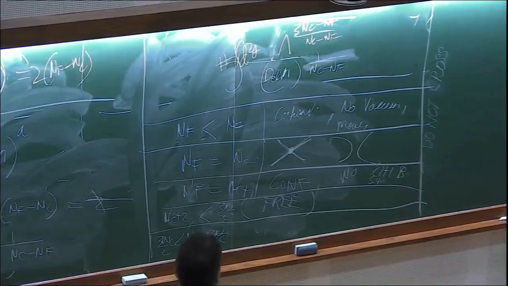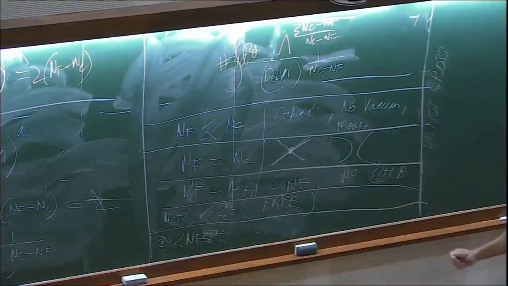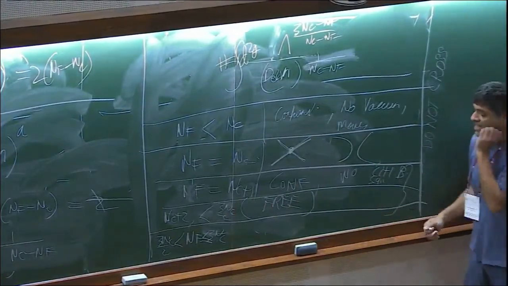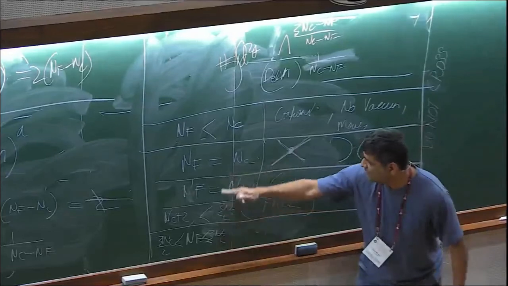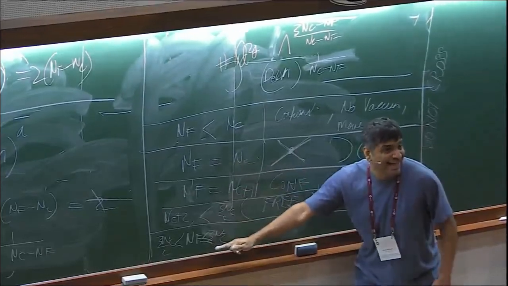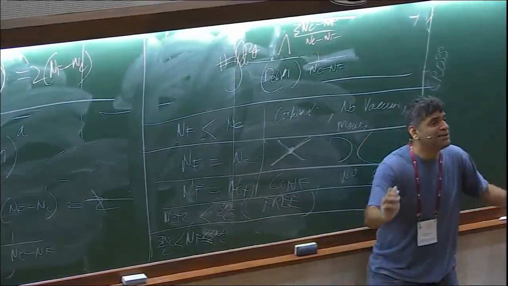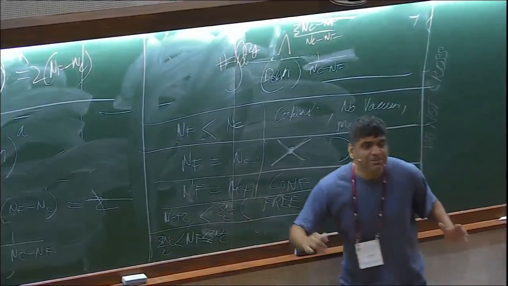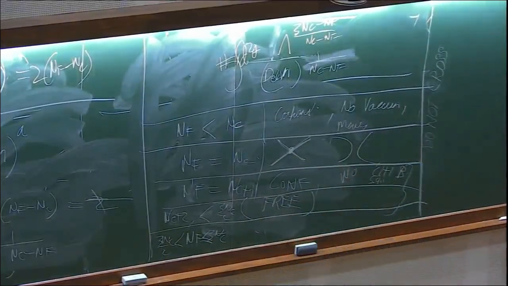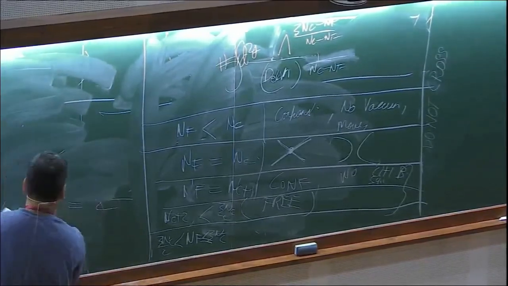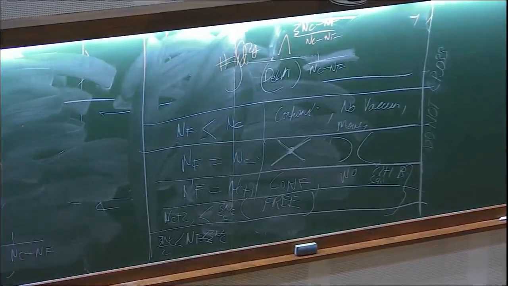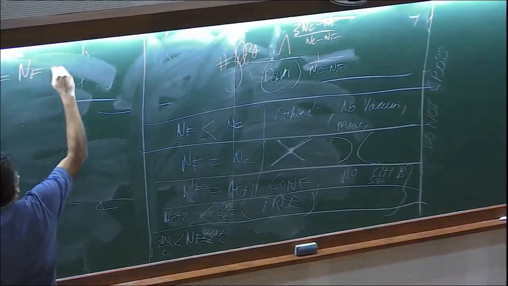And the last thing that Seiberg also demonstrated was that in this range, where interesting things are happening, there is a dual description of IR behavior, in terms of a second gauge group, which is also an SU(N) gauge theory with quarks, but with NC prime equals NF minus NC.